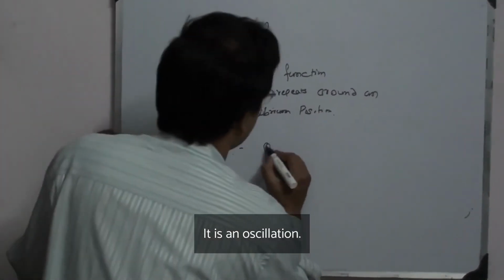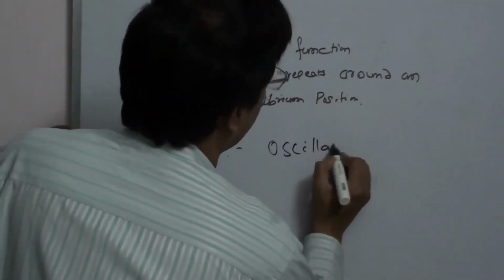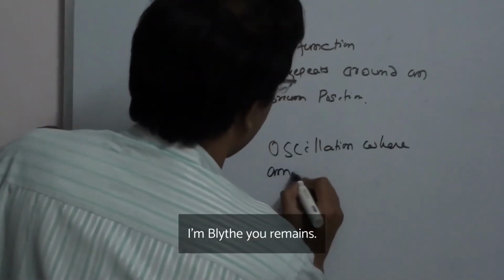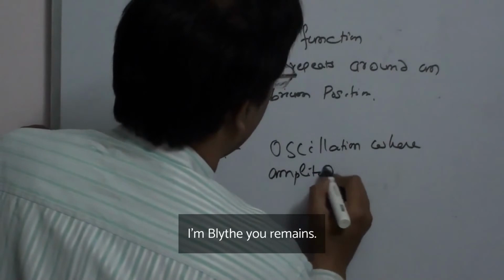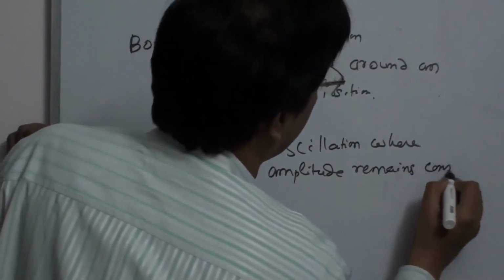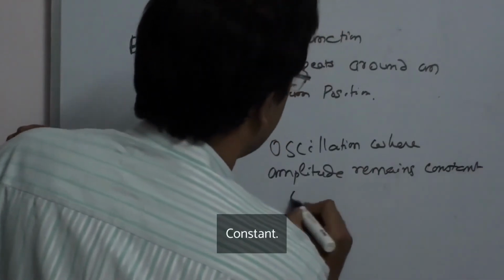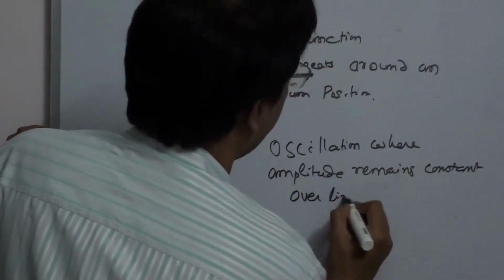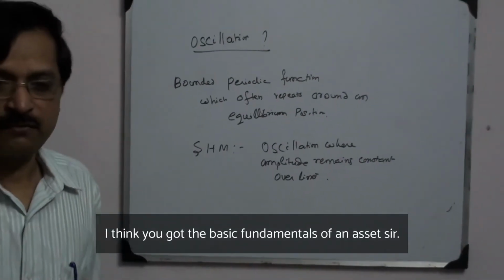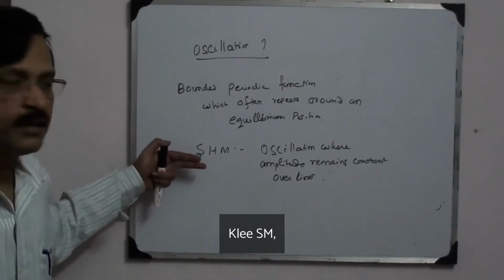It is an oscillation where amplitude remains constant over time. So I think you got the basic fundamentals of an SHM clear.